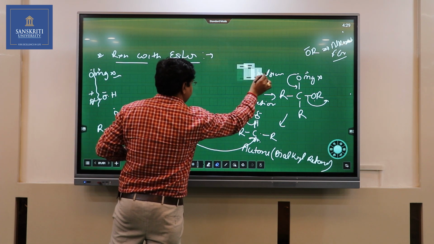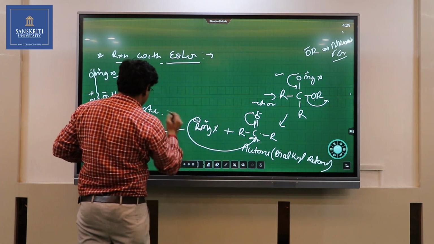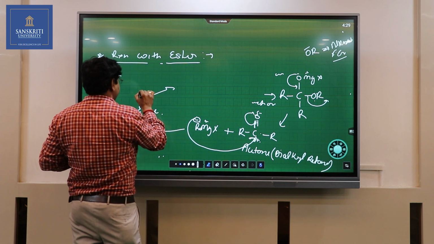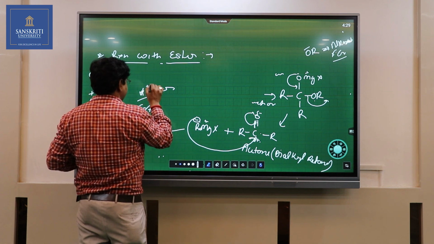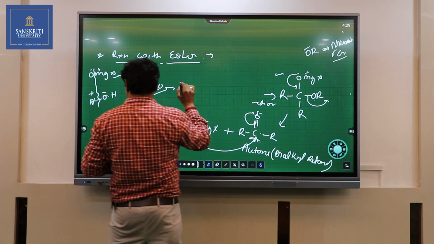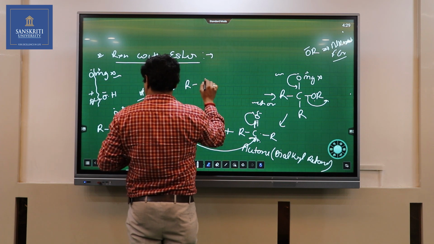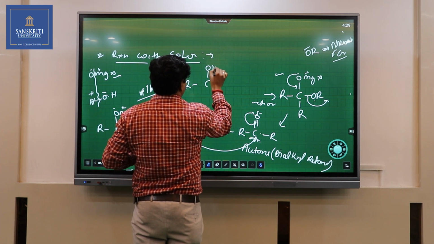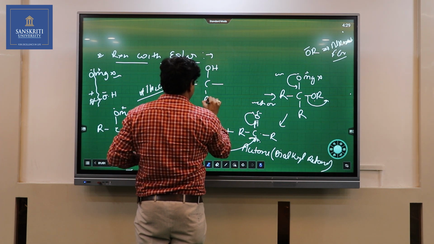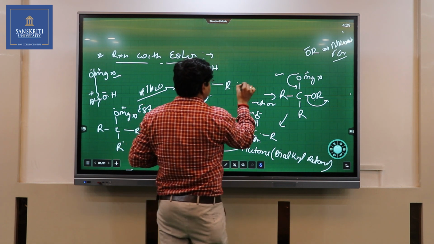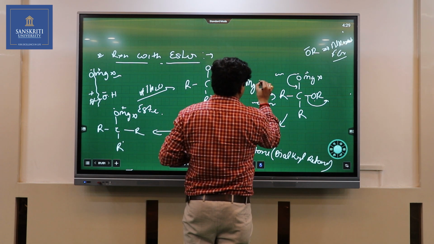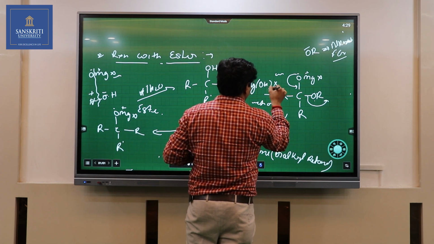After hydrolysis with H plus and H2O, we get R R dash R C-OH and MgOH.